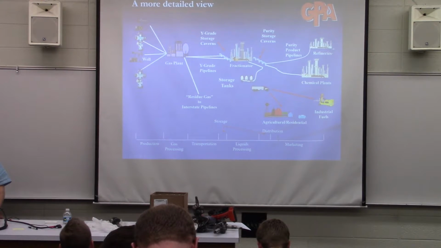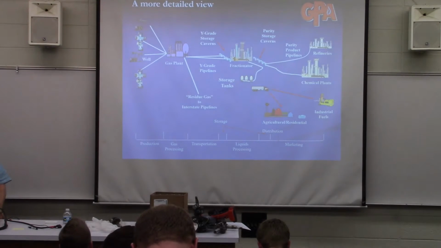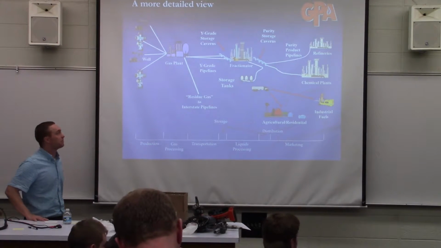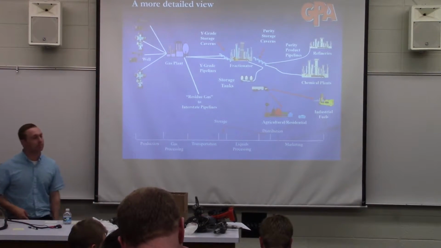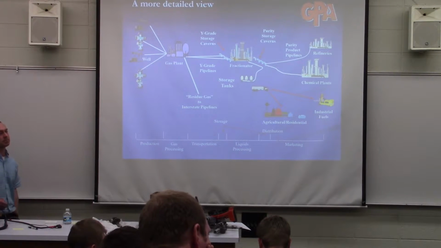Usually the heavier components will go to refineries. A lot of it's used as feedstock to chemical plants. Propane, of course, has a lot of uses as a fuel. Anyway, there's a snapshot of the industry.